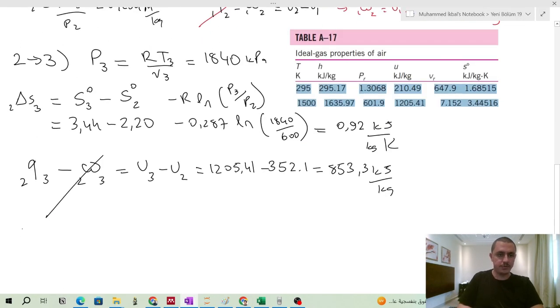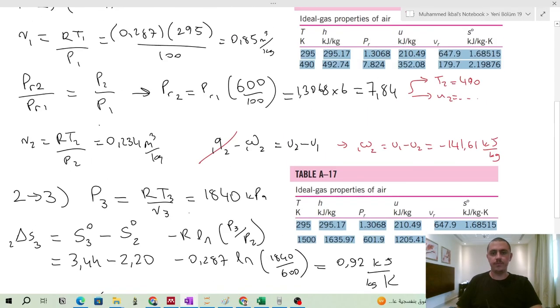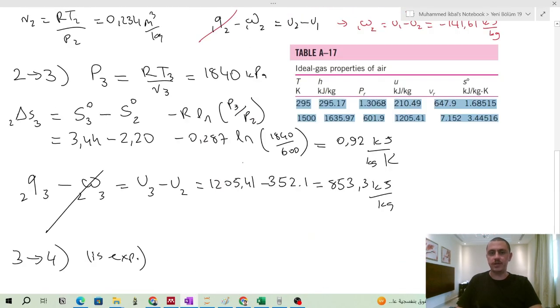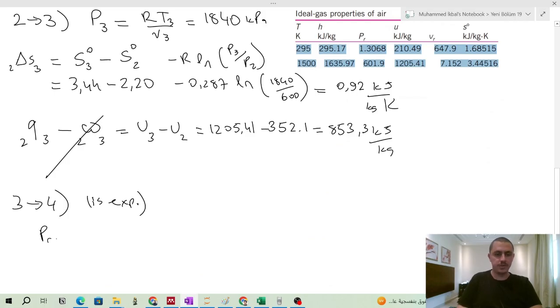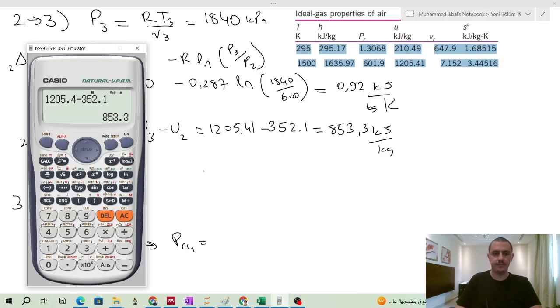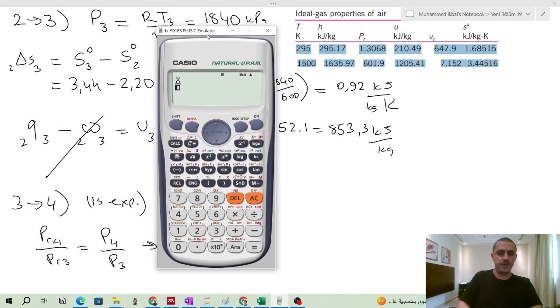So now the last process, 3 to 4. I have isentropic expansion, so I know the pressure ratios. From the pressure ratios, PR4 over PR3 is equal to P4 over P3. You can get PR4 easily. Let's use X over PR3.